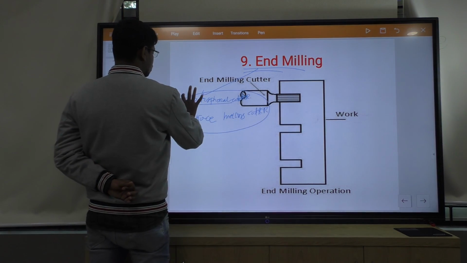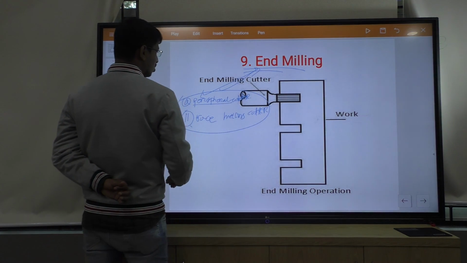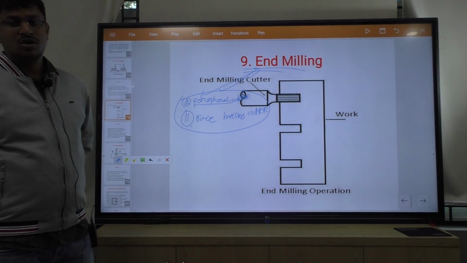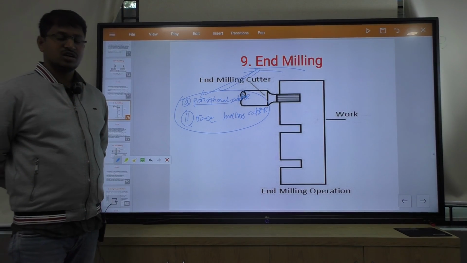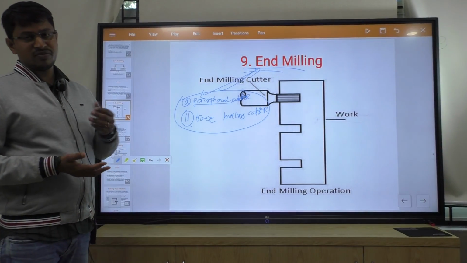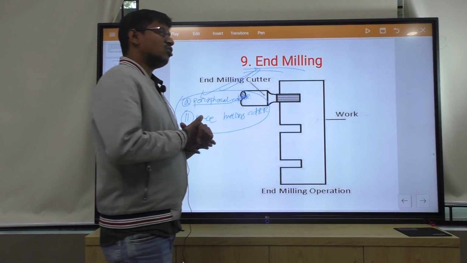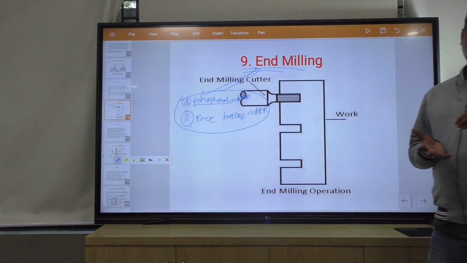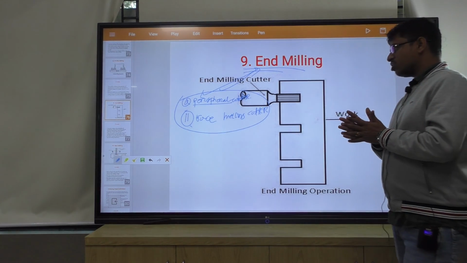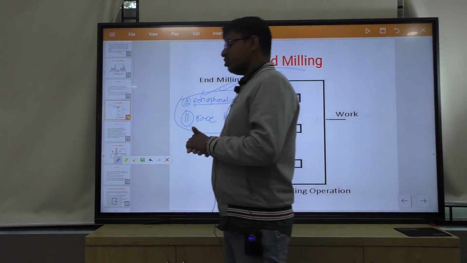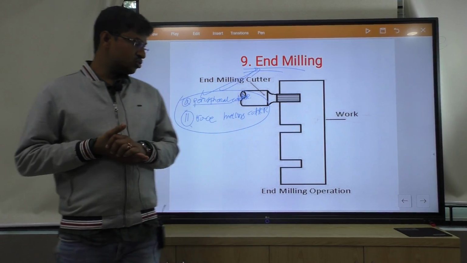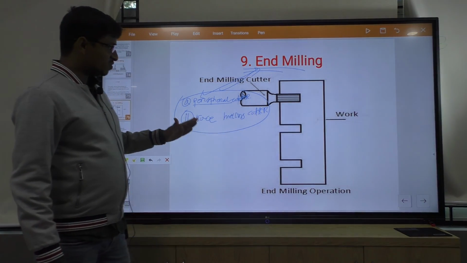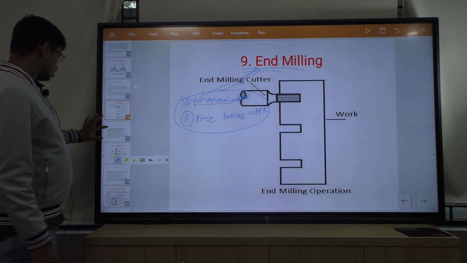If we combine these two, then we get the end milling cutter. In end milling cutters, the teeth are present both on the periphery and on the end face. That's why we can produce flat surfaces on horizontal surfaces or vertical surfaces.